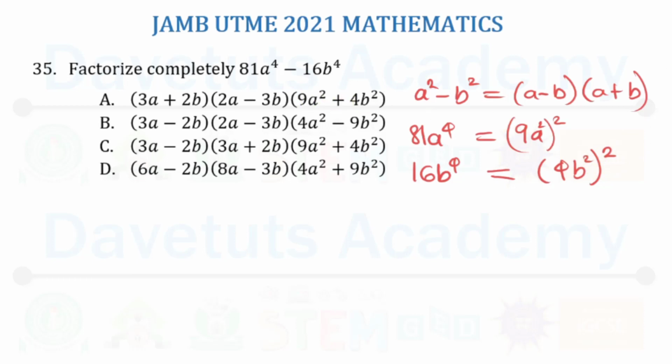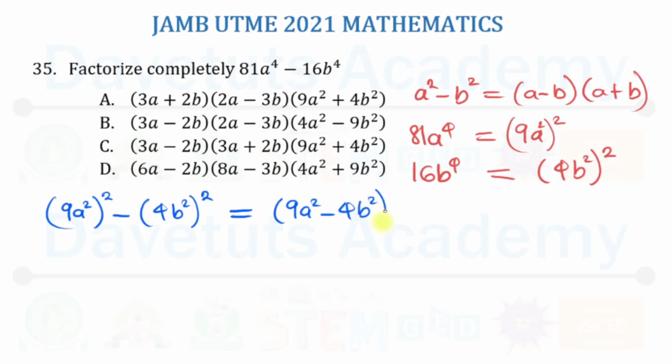So I can rewrite this as 9a square raised to power 2 minus 4b square raised to power 2. Since I've brought it to this stage, I can now apply the rule of the difference of two squares, which gives me 9a square minus 4b square multiplied by 9a square plus 4b square.